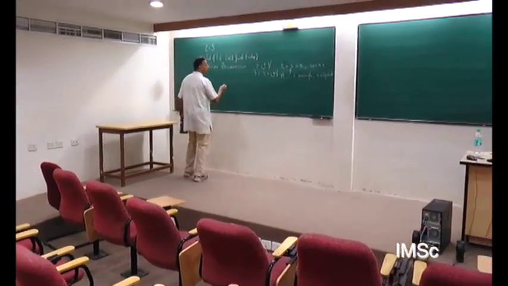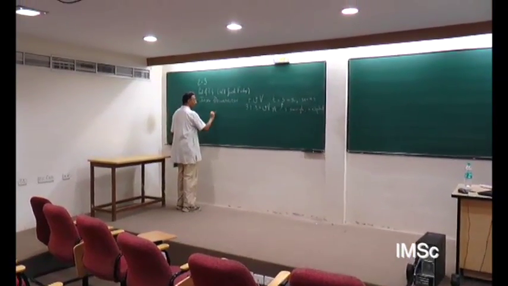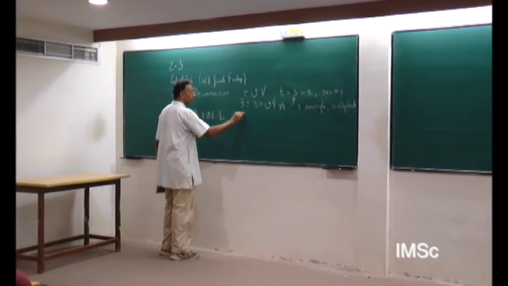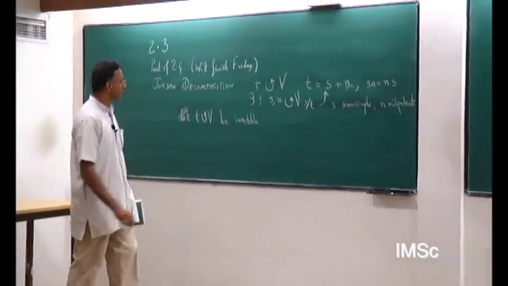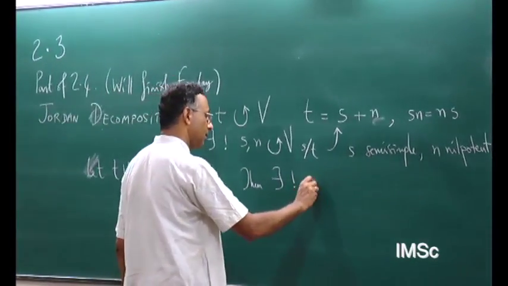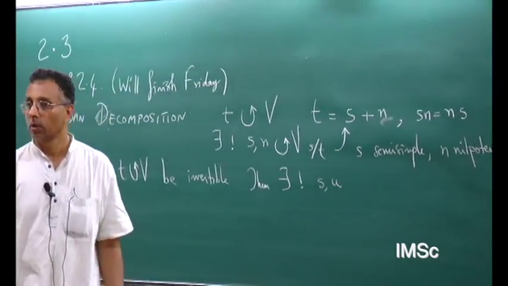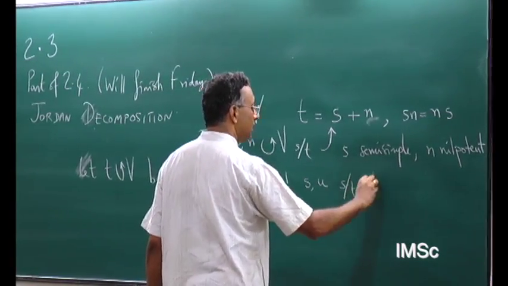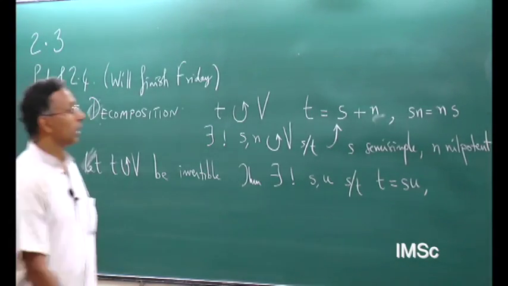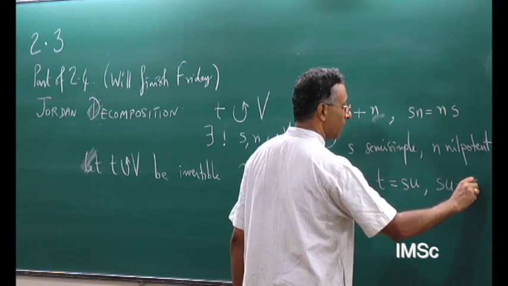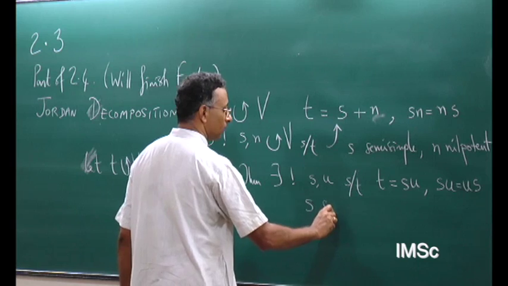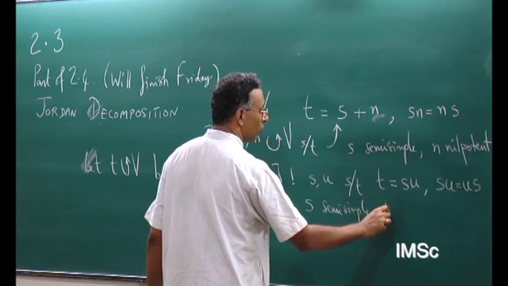There is a version that is for, okay, let T be invertible, then there exist unique S and U this time, such that once again T is, but this time instead of additive it is multiplicative, T equals SU, where SU equals US, they commute, S is semi-simple and U is unipotent.